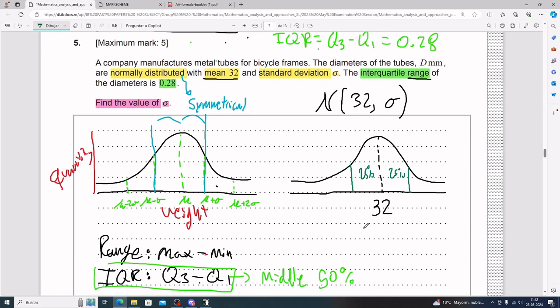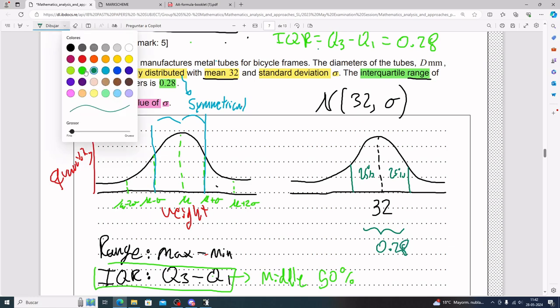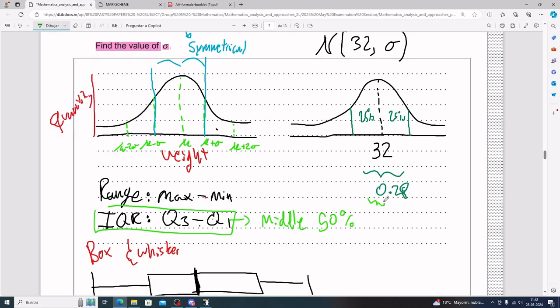And so if all this distance is 0.28, that means that just to the left, it's going to be 0.28 divided by 2. So it's 0.14. So just to the left, you're moving 0.14, and just to the right, you're moving 0.14.